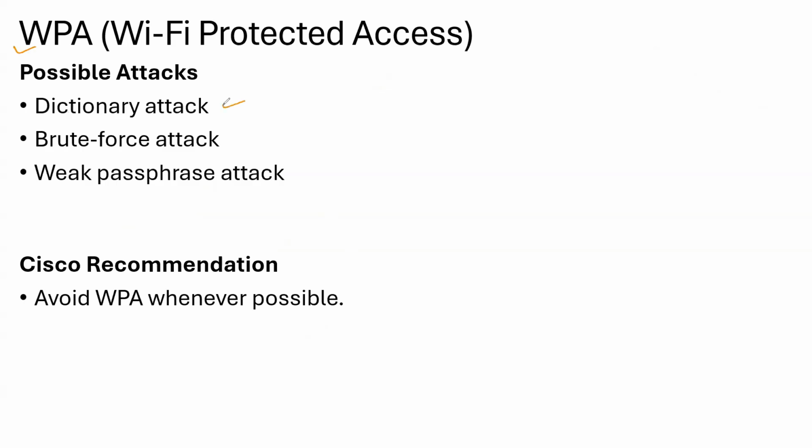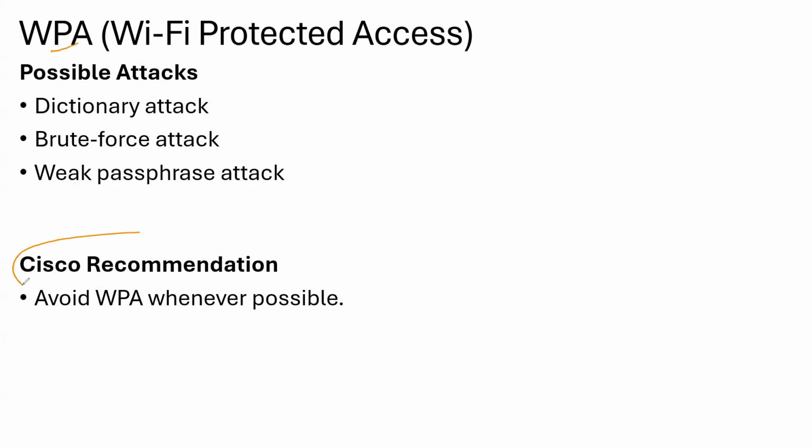What are the possible attacks in the case of WPA? First is the dictionary attack, then the brute force attack, and the weak passphrase attack. What is a brute force attack? There are many tools available over the internet with a dictionary, a list of passwords, so it may be possible that WPA can be cracked easily with the help of that.